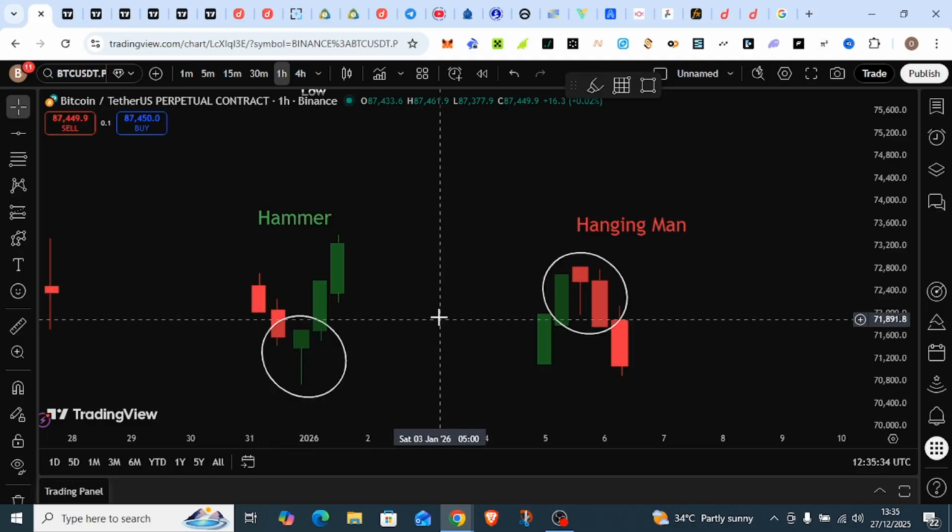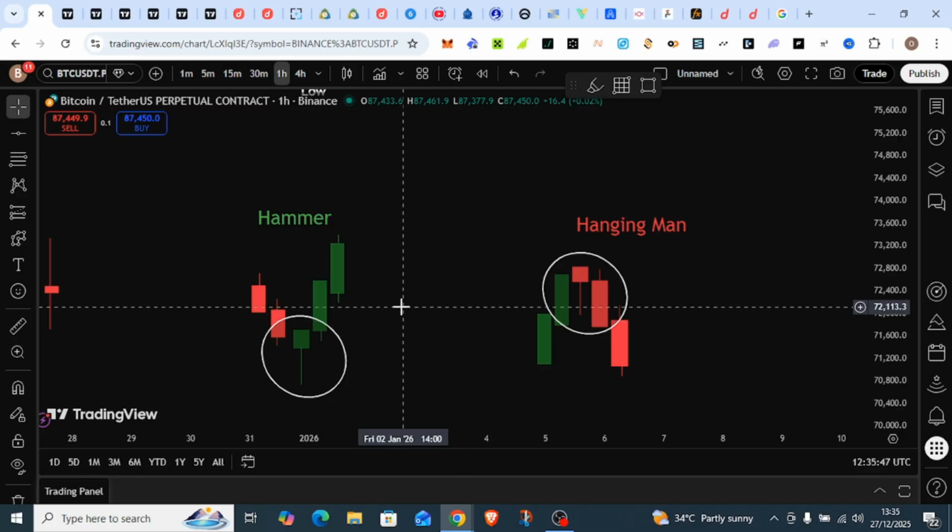Even if you have small wick on top, it's still a hammer, but it should be small. This pattern usually appears after a downtrend, suggesting buyers rejected lower prices.